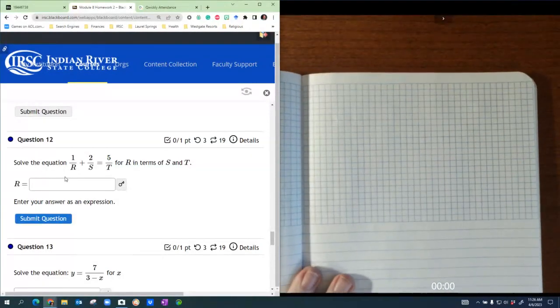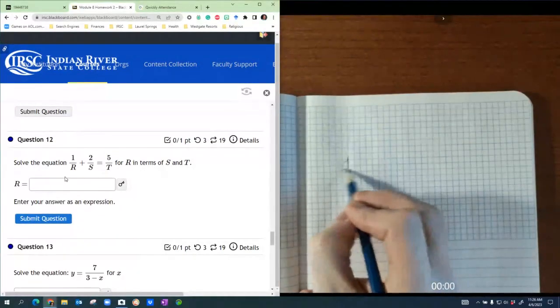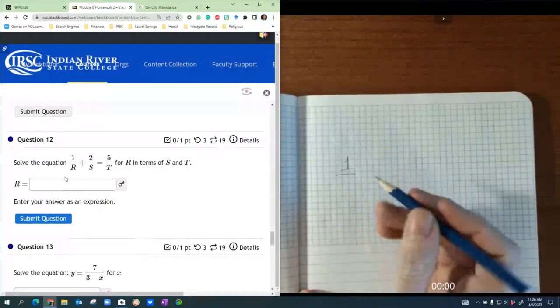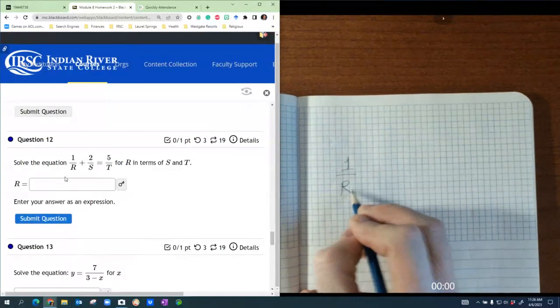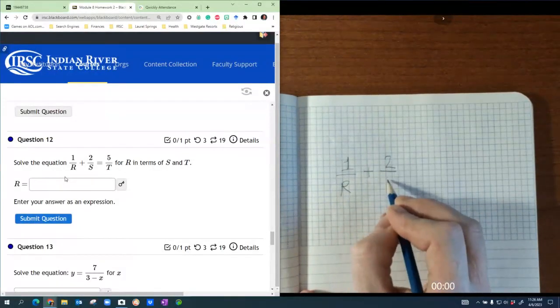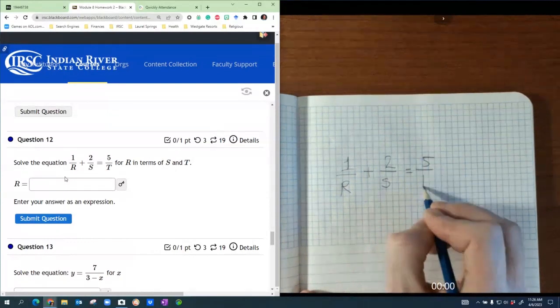a certain variable. So now they have this equation and they want to solve for R in terms of S and T. I mean, well, okay, well, really just get R by itself. It doesn't matter how many variables are involved or whatever. It's just use your properties.